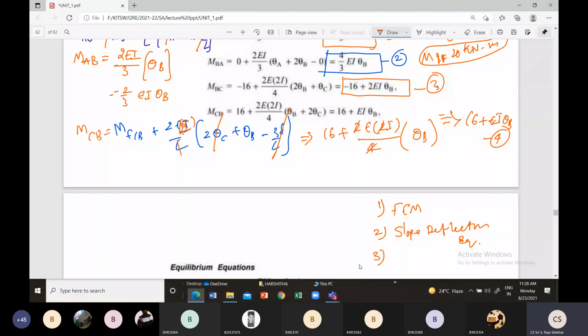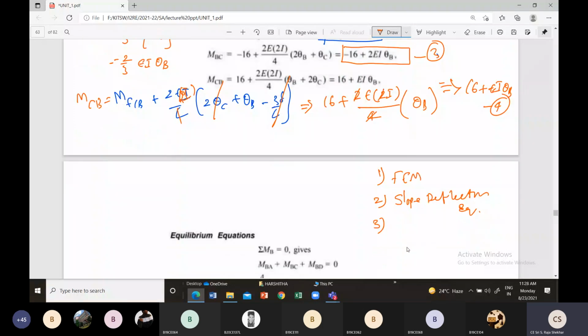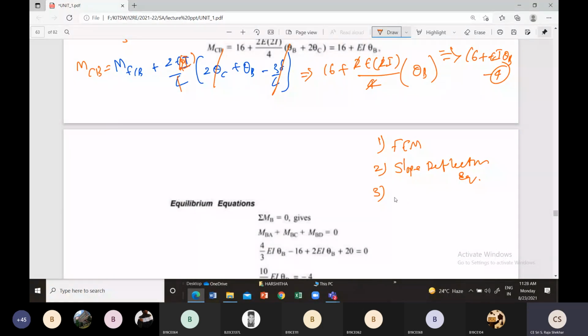Now step 3, we need to form the equilibrium equations. That means the summation of moments at the joint must be equal to 0.